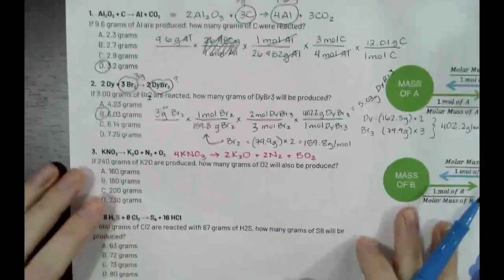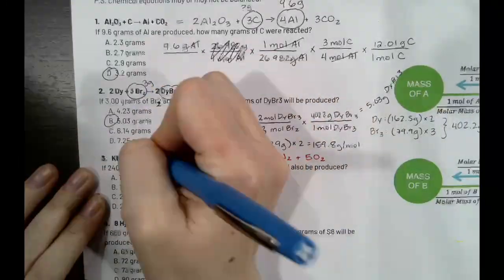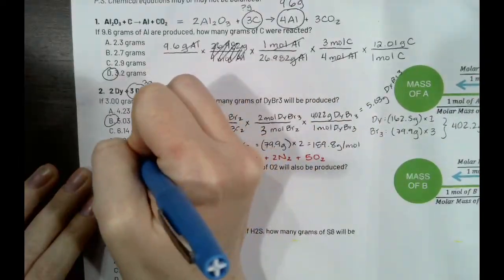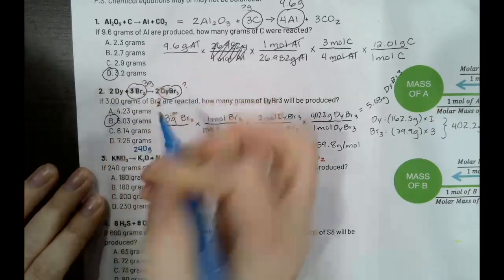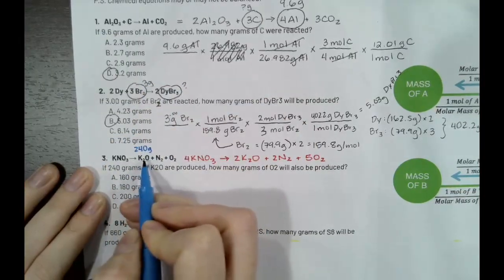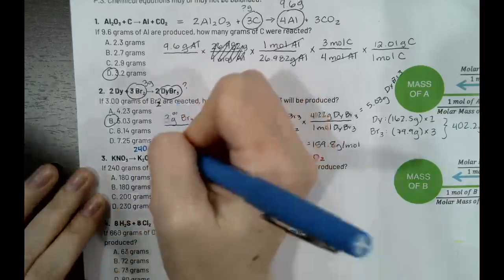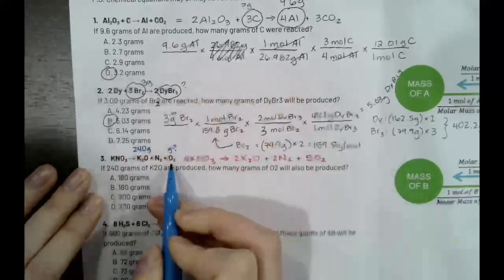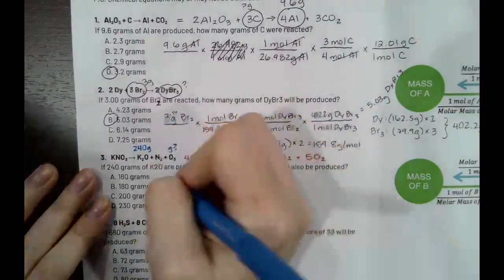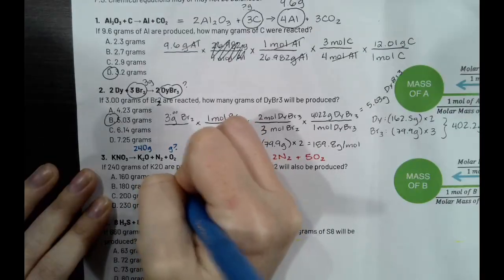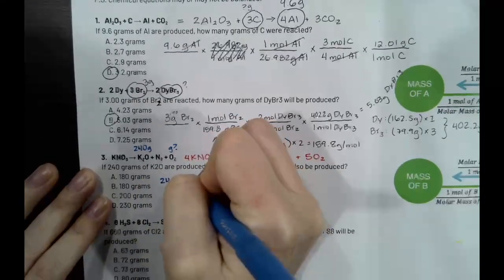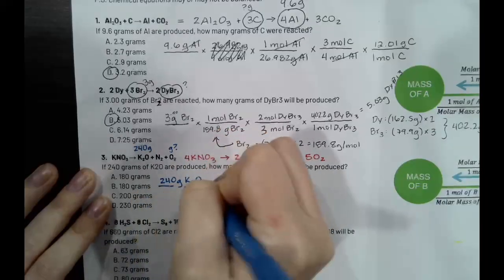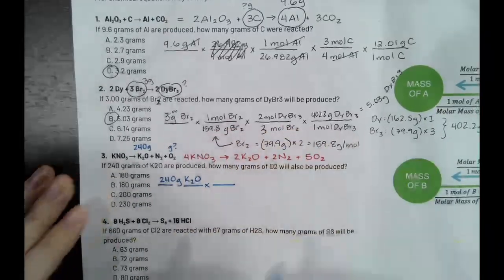So let's do that. We know that we have 240 grams of K2O. And we want to know how many grams of oxygen are produced. So 240 grams of K2O is our given, and we need to convert it to grams of oxygen.